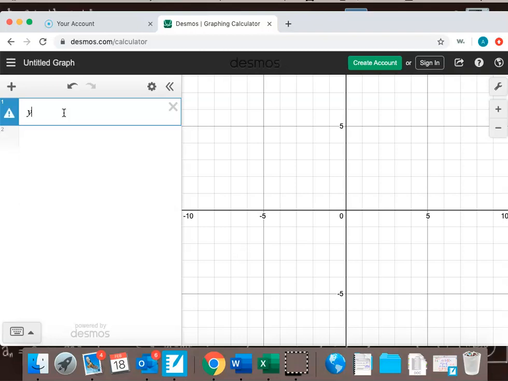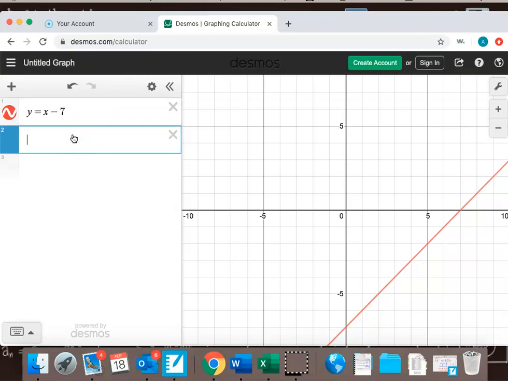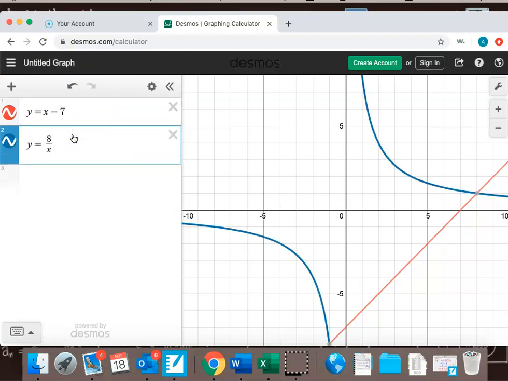We're going to type our first equation, y equals x minus 7. Then click below or press enter or tab, and type y equals 8 divided by x. Use the slash that's under your question mark to do divided by.